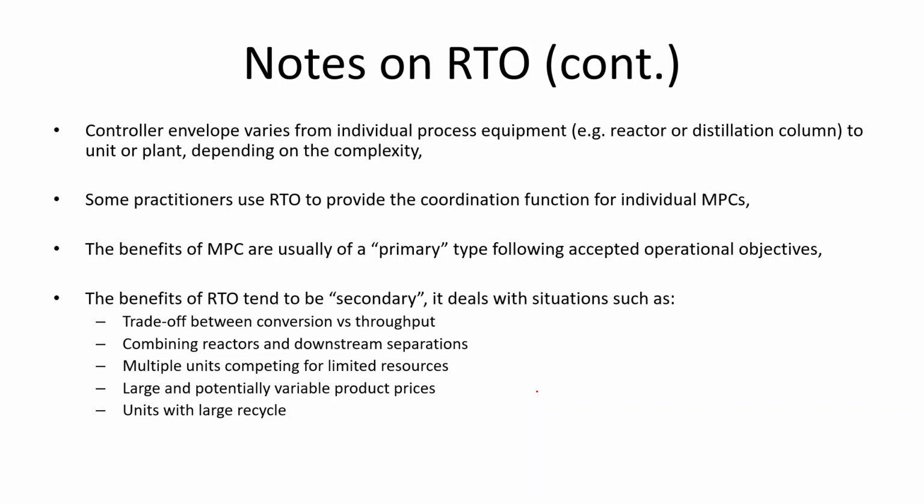So only these three. But in reality, there are many things around the reactor, around the separator, around the reflux or the purge. But we don't consider them very important. So depending on whether they're important or not, and depending also on the complexity, we may choose whether to include them or not.